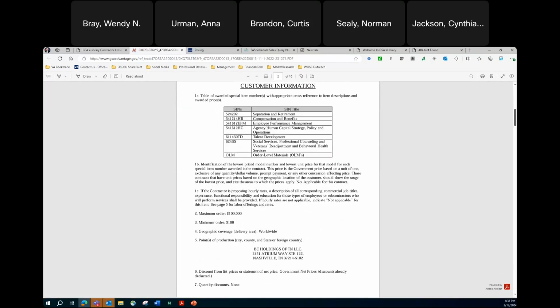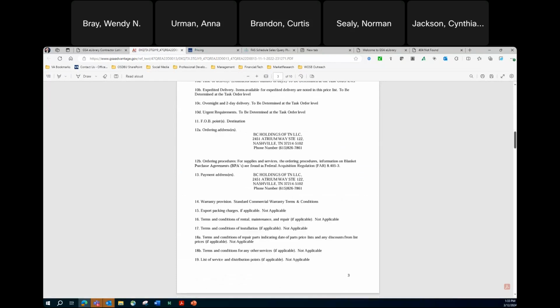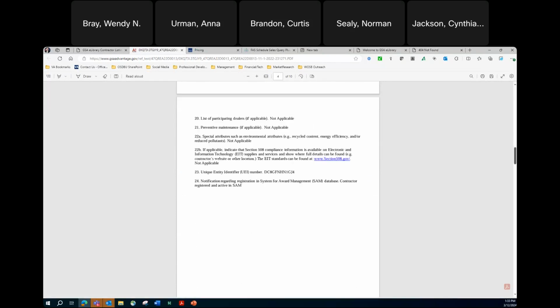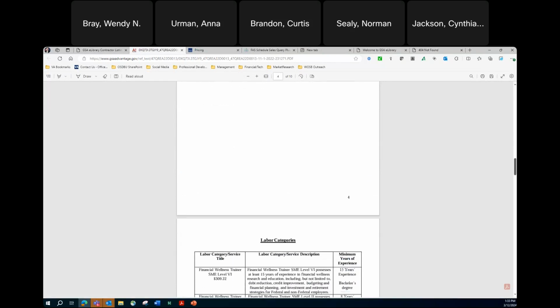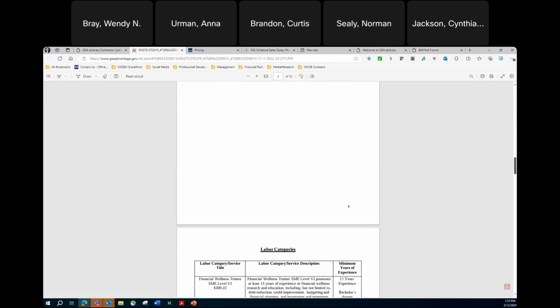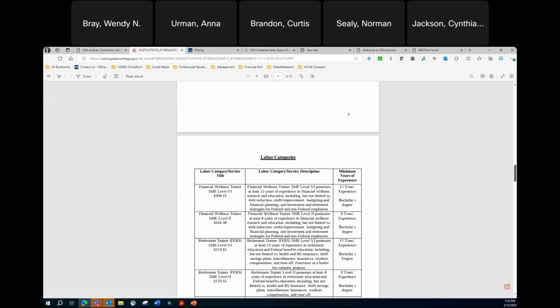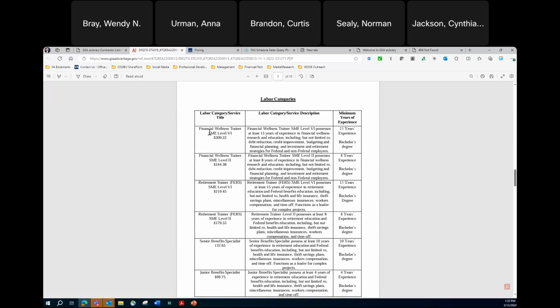So you'll see all of their categories or single item numbers, what they provide, their location, terms and conditions. Sometimes for service contracts, the delivery information will not be applicable, but it will give you the labor categories, the definition of how they determine labor category, and the rate.